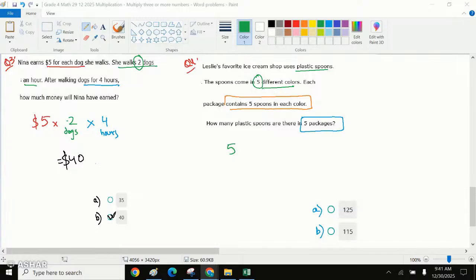Let's reconfirm. Into 5 spoons of each color. And how many packages were there? There were 5 packs. That means 5 into 5 is 25. Multiply by 5 would be equal to 125. Okay, that means option A is the correct option for us, right?